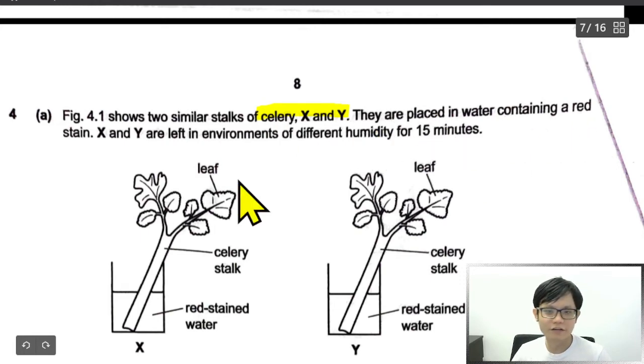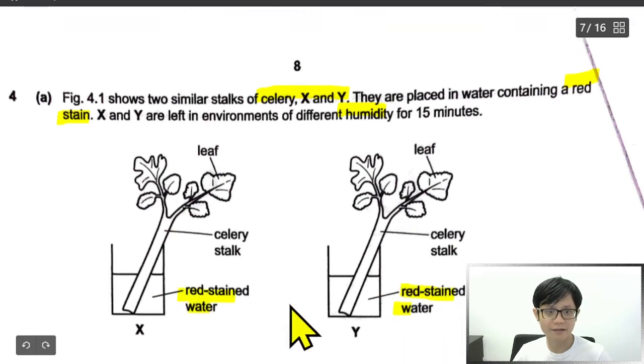Placed in water containing red stain, X and Y, at different humidity. So you're talking about red stain, so probably they want to show osmosis, diffusion, or the transportation of water to the leaf. Okay, so there's a red stain.